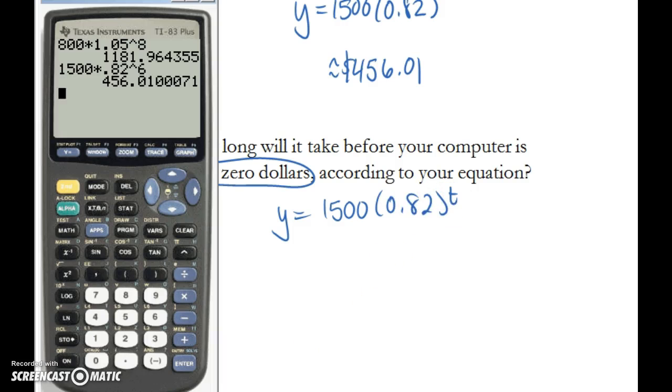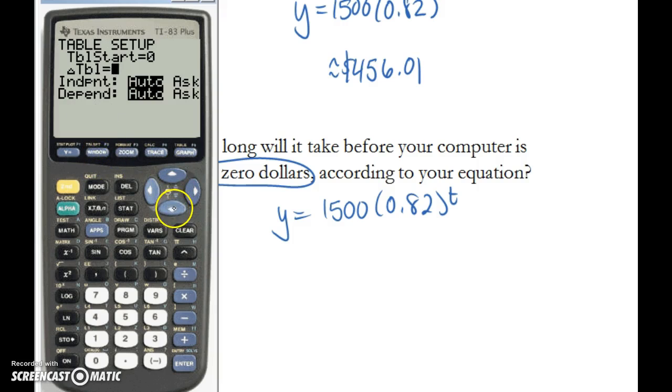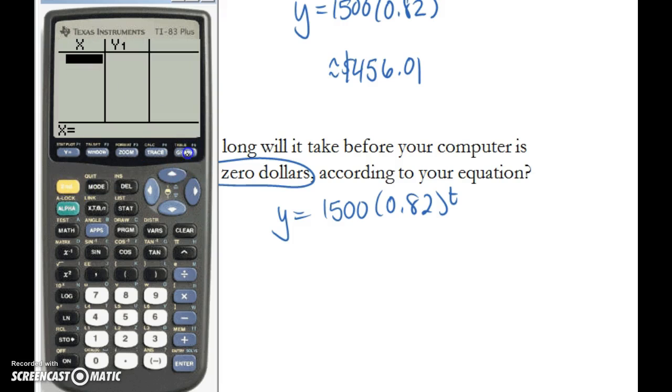And if we took this equation and started plugging in values for t, matter of fact, let me go to our graph, or y equals 1,500 times 0.82 to the t power, or x power. And I'm going to set up my table so it's in ask mode. And let me go to our table here.